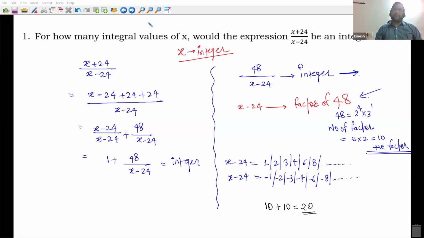Then what we need to do over here? Can someone tell me? We need to subtract something from 20. What should that be?